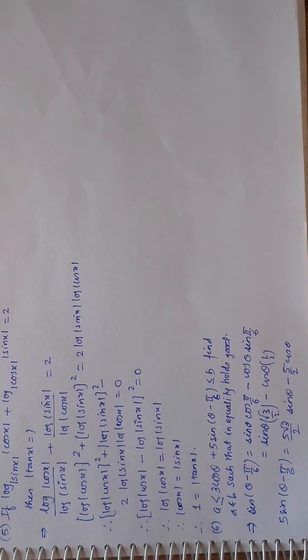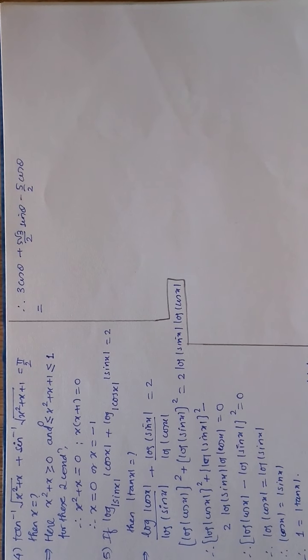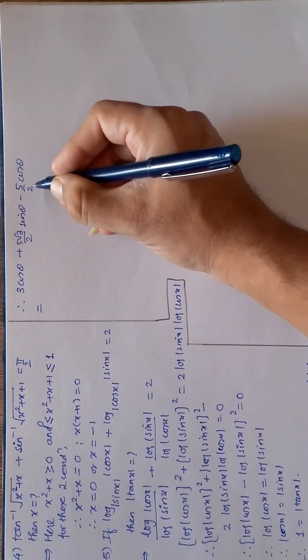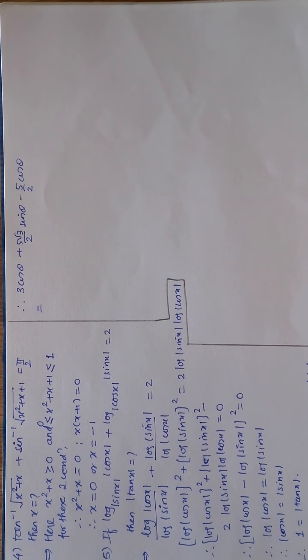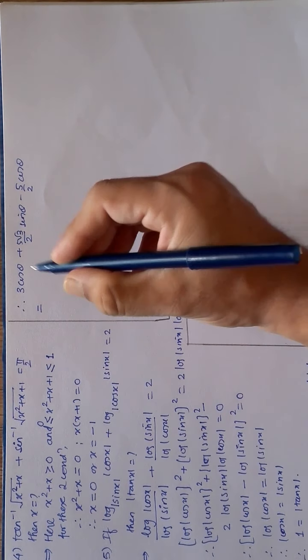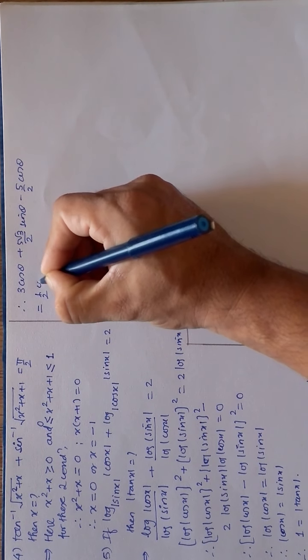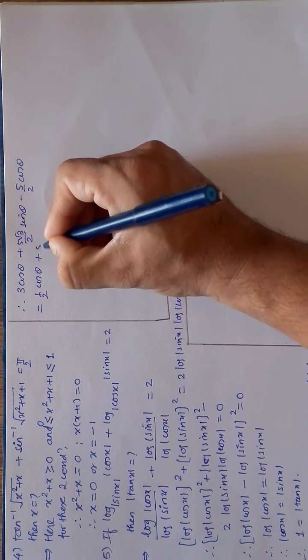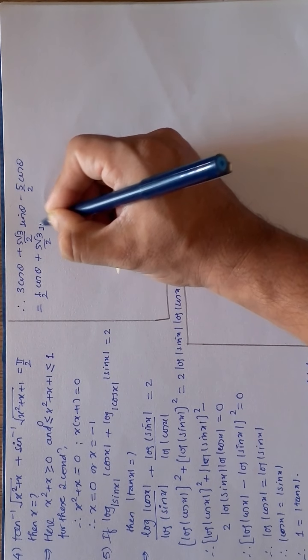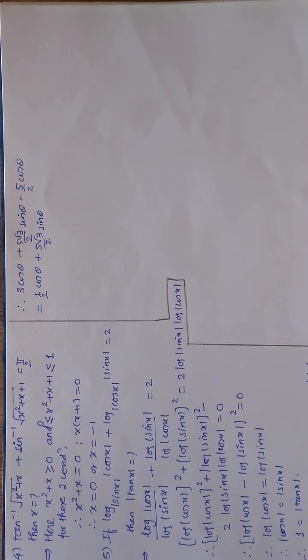Proceeding further, the question becomes 3 cos theta added, so you get here 3 cos theta minus 5 by 2 cos theta, these two. So 3 2s are 6, 6 minus 5, that is 1 by 2, right? It is 1 by 2 cos theta plus 5 root 3 by 2 sin theta. Does it remind you of something?